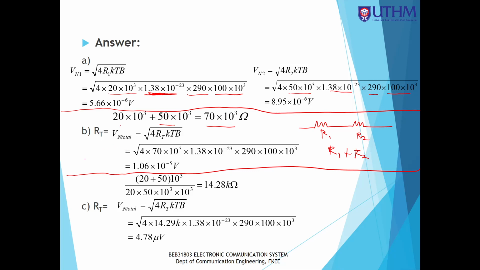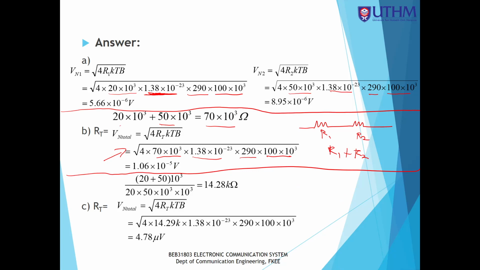And then you find the noise voltage, square root of 4 R total KTB, square root of 4 times 70 kilo ohm multiplied with the Boltzmann constant multiplied with the room temperature multiplied with the bandwidth. And then you get 1.06 times 10 power of minus 5.